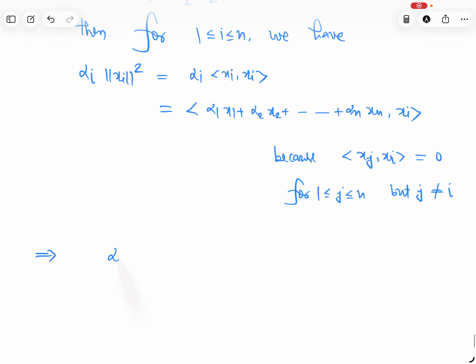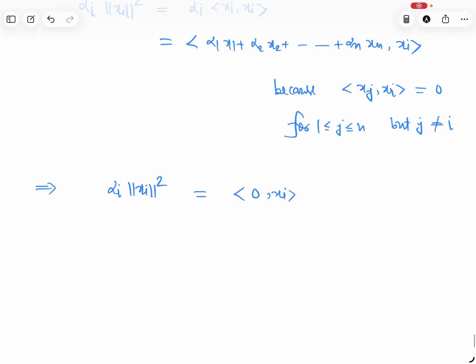So this implies alpha i norm xi squared, the value of this is 0, but 0 is orthogonal to everyone. So this implies alpha i.